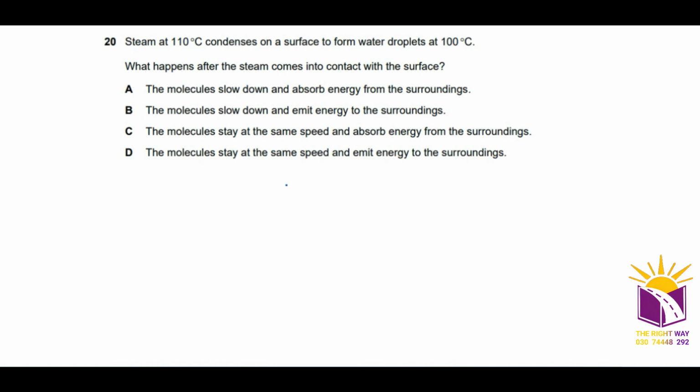Question number 20. Steam at 110 degrees centigrade condenses on a surface to form water droplets at 100 degrees centigrade. What happened after the steam come into contact with the surface? As our steam, which is at 110 degrees centigrade, come in contact with the surface and its temperature become 100 degrees centigrade from 110 degrees centigrade, they are going to lose their energy and they emit their energy to the surrounding.